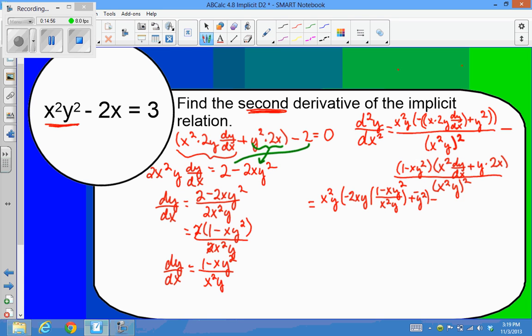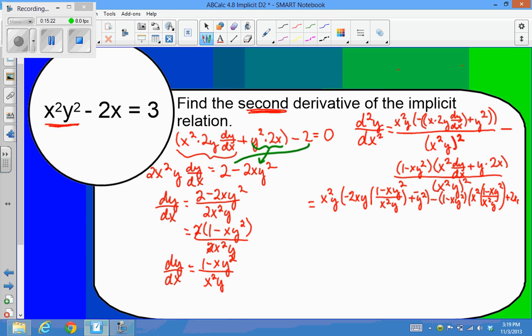And then minus my top, 1 minus xy squared, times the derivative of the bottom, which is going to be x squared times 1 minus xy squared all over x squared y plus 2xy.